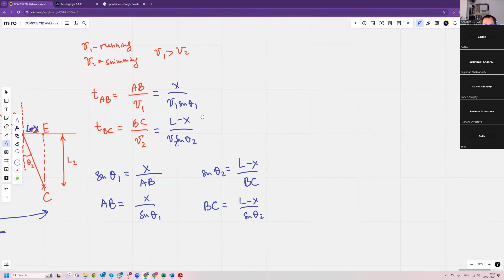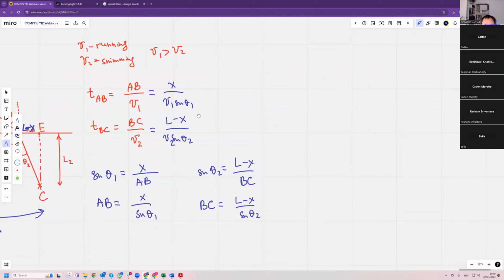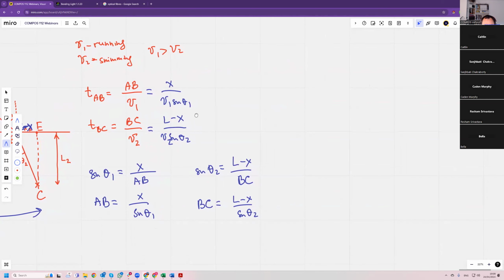And the total time is AB, so it's X divided by V1 sine theta 1. Sorry, that's nonsense.